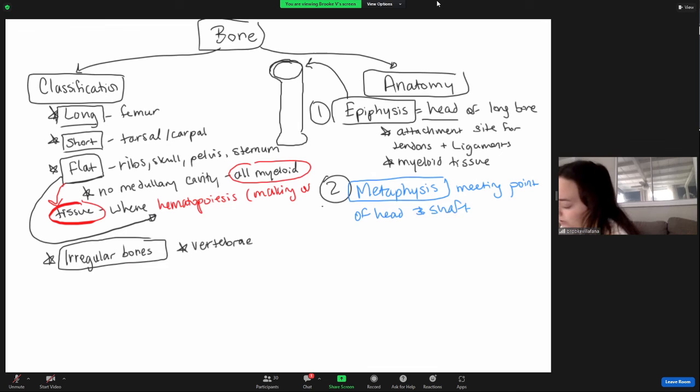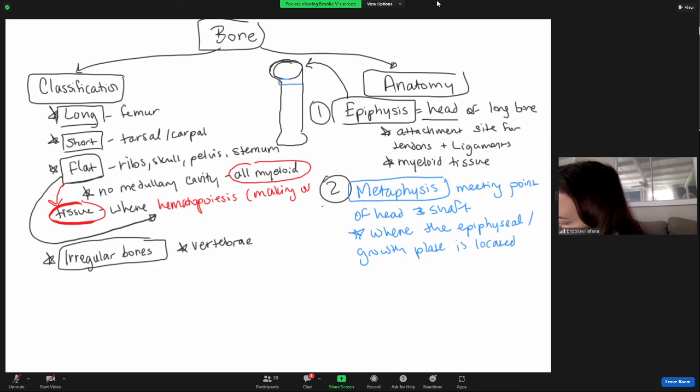It is where the epiphyseal plate or the growth plate is located. So here and here would be our metaphysis.